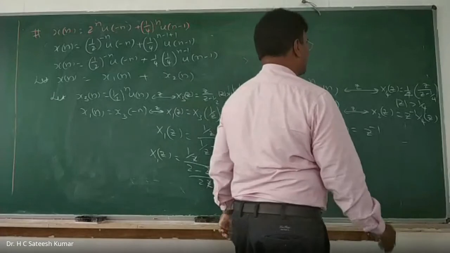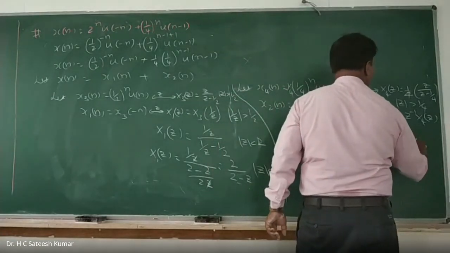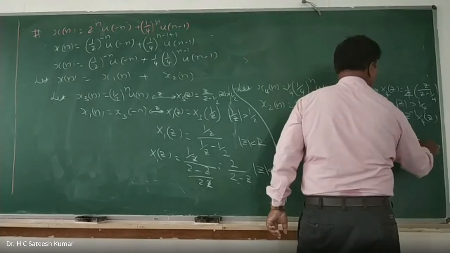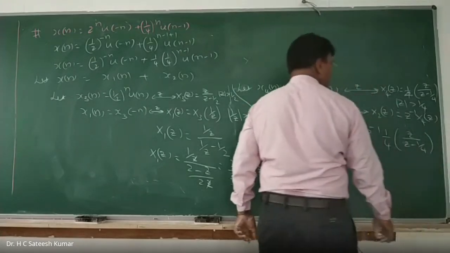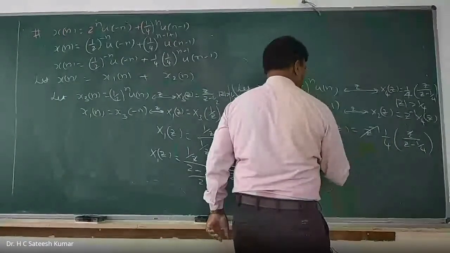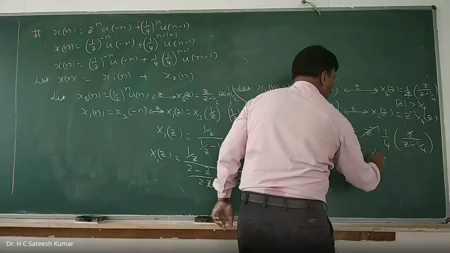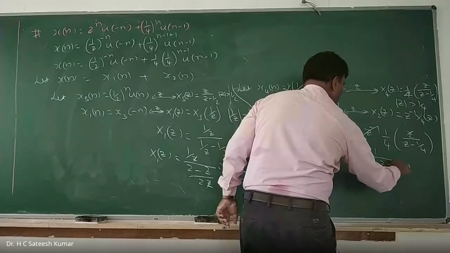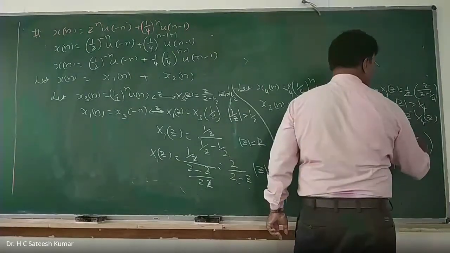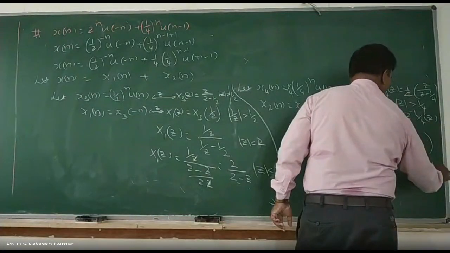X4 of z is 1 by 4 into z divided by z minus 1 by 4. The z gets cancelled. Multiplying the denominator by 4, what will you get? 1 divided by 4z minus 1 with ROC remaining the same, because the time shift property will not change the ROC: mod z greater than 1 by 4.